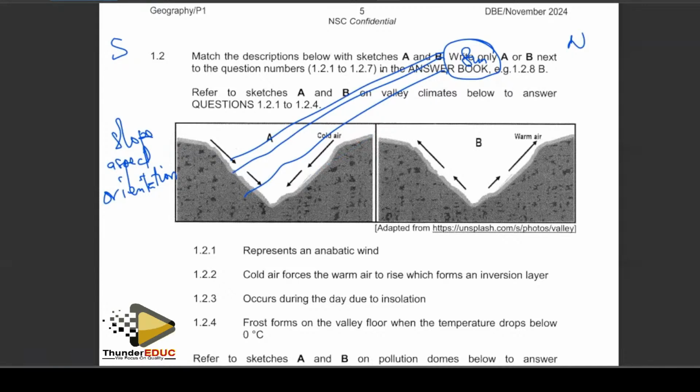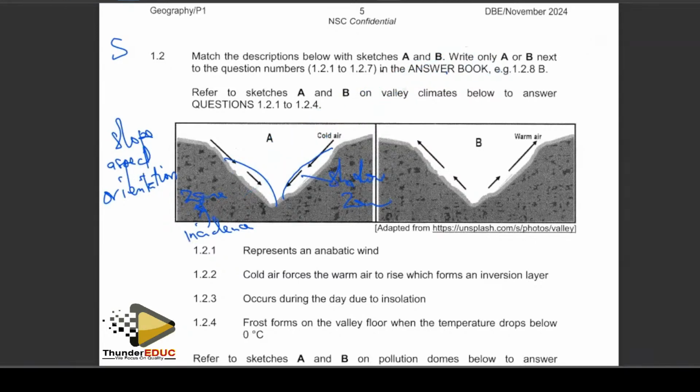So basically, this becomes a side which we call the shadow zone. And this is now the zone of incidence.